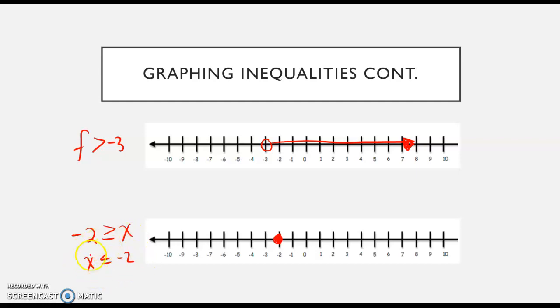Either you can rewrite it, and as you rewrite it, you flip the middle because it's like we're showing it in a mirror and we're showing the symmetry of it. Or you think of the fact that -2 is greater than x, which means x is everything less than -2. So those are the two ways we can think about it.